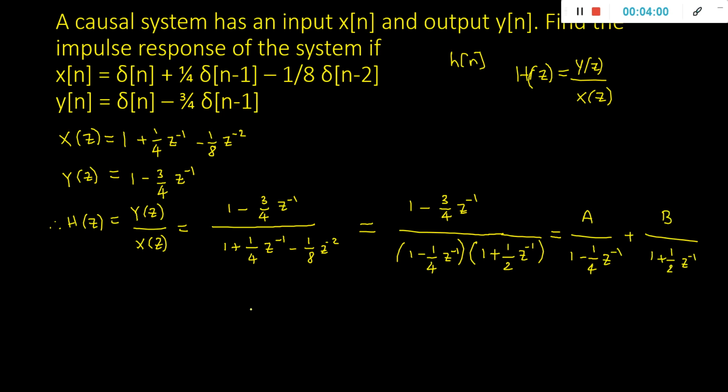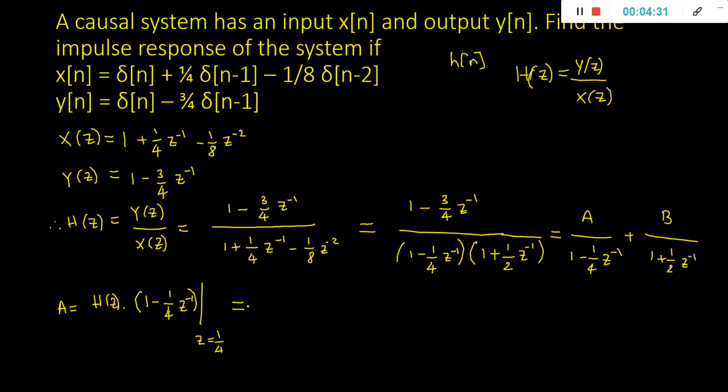Now we make use of the same method as we did earlier. So the value of a is given by h of z into the denominator, which is 1 minus 1 by 4 z inverse. Now this particular expression must be evaluated at the value of z equal to 1 by 4, because 1 by 4 happens to be the coefficient of the z inverse term over here.